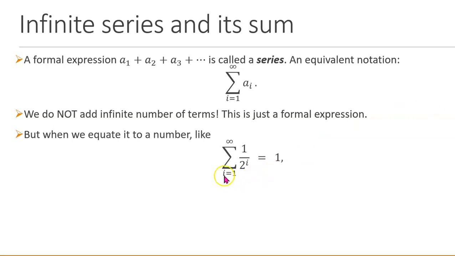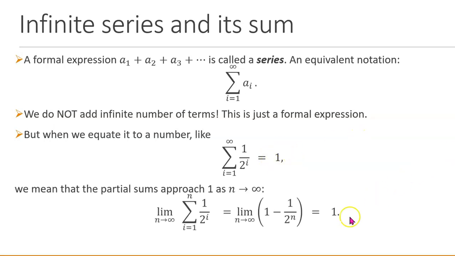Now, when we write that this series equals 1, what we really mean is that the running total, the amount of cake finished on different days, is approaching 1.